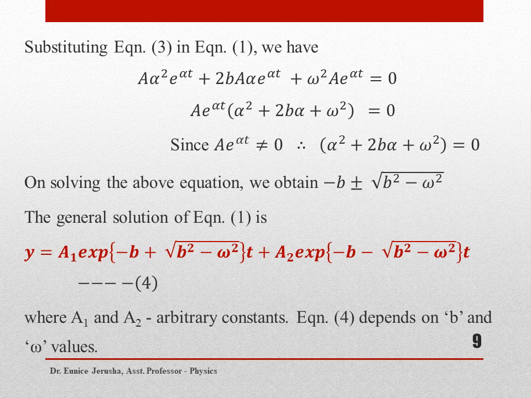We denote this by equation 4, and a1 and a2 are the arbitrary constants which have to be found out. Similarly, in equation 4, we see the displacement y is dependent on small b and omega.